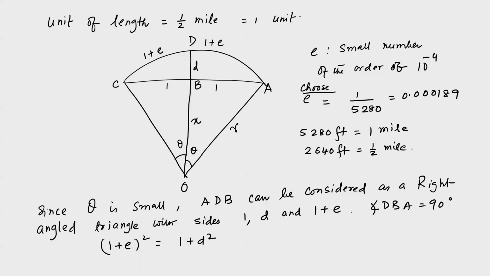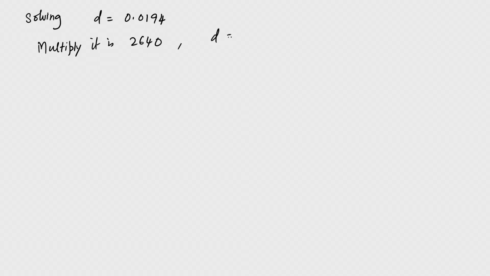If you solve with the value of E that we have chosen, solving d comes out to be 0.0194, and multiplying it by half mile, which is 2640 feet, we get d equal to 51 feet.